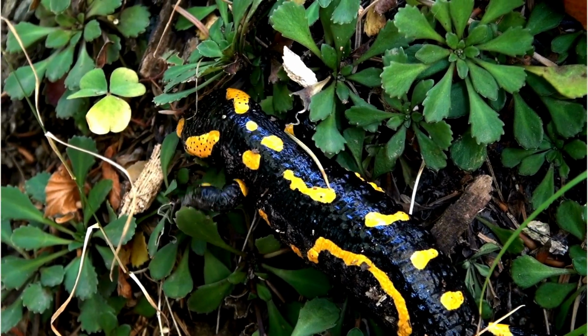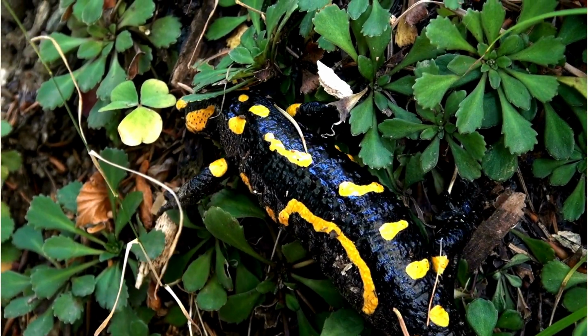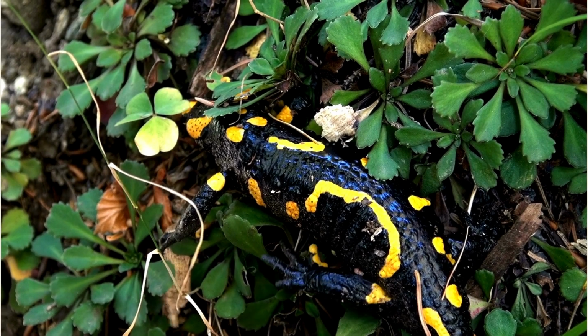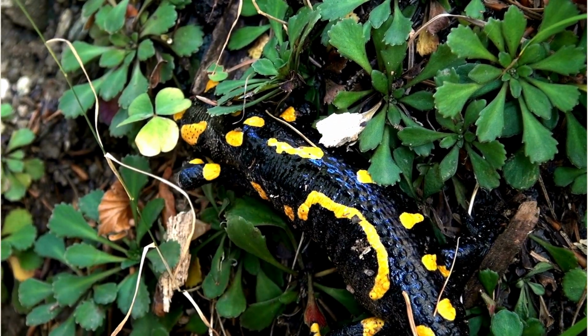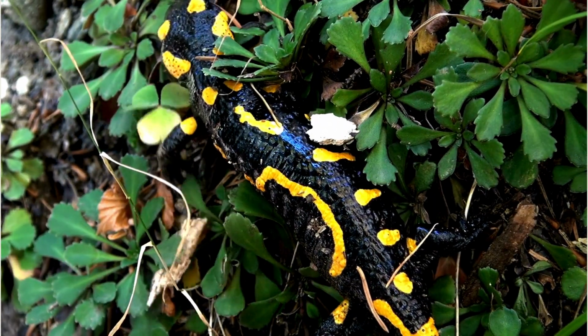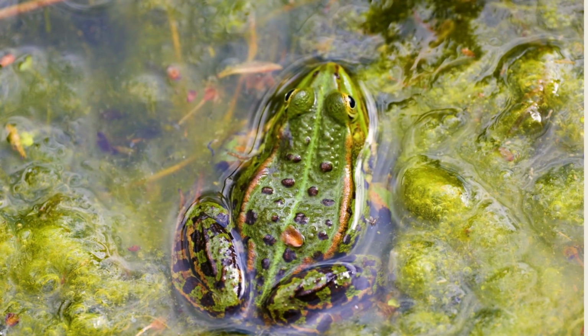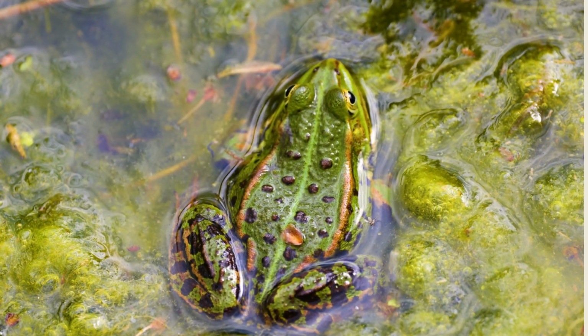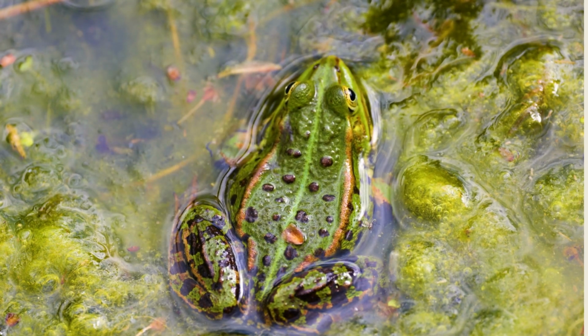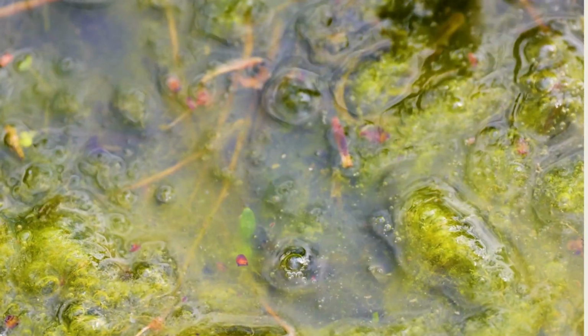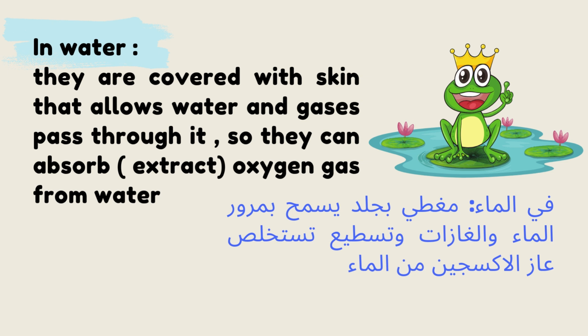As you see here, on land, amphibians inhale oxygen gas from air through the lungs, so they are like humans. And in water, they respire through their skin, as they are covered with skin that allows water and gases to pass through it, so they can absorb or extract oxygen gas from the water.